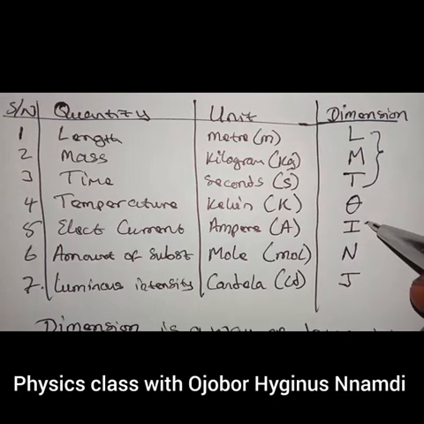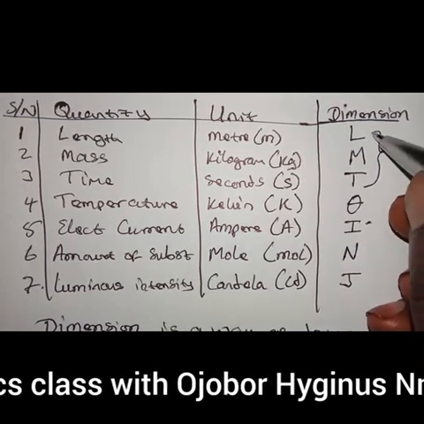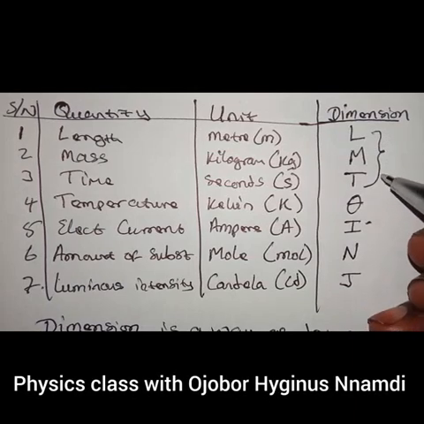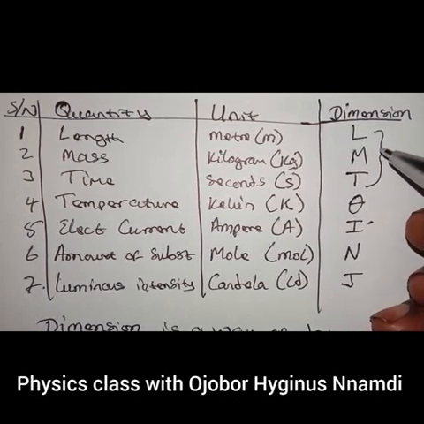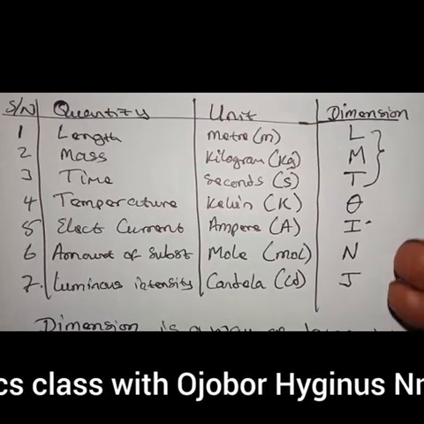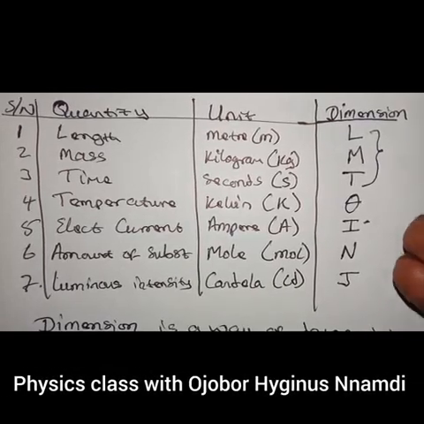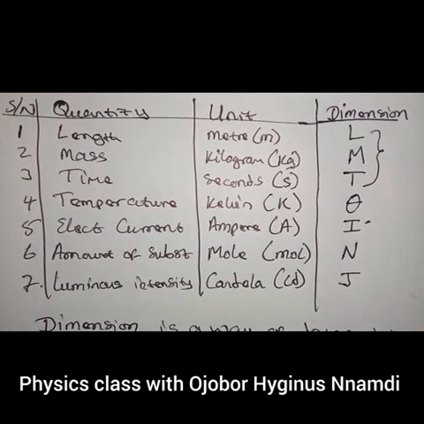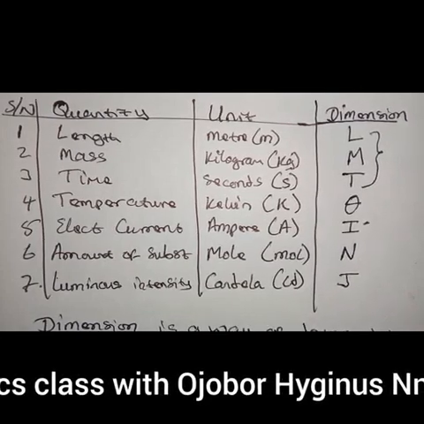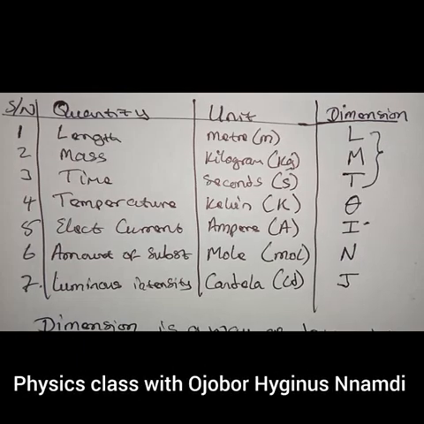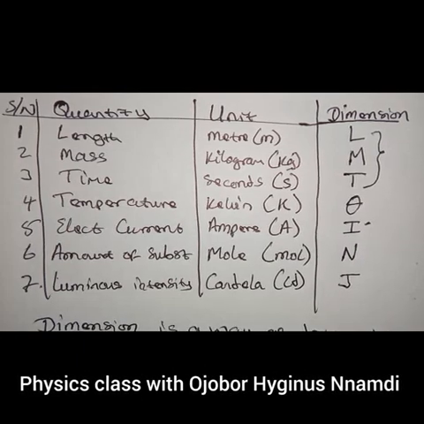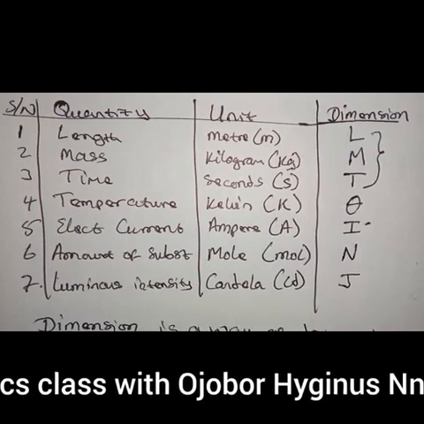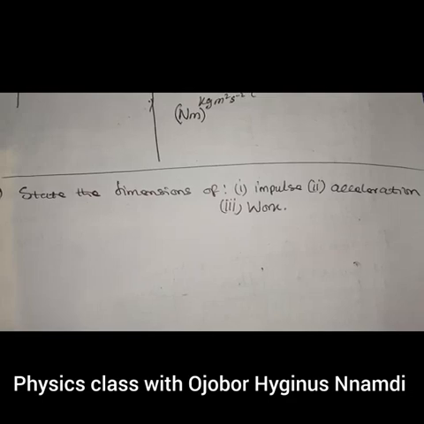Sometimes they will include current, but most times the derived quantities will cover these three. So the dimensions we're going to look at will be limited to these ones. Let us look at some WAEC questions associated with dimension, so that it will help us see how we can get the dimensions of derived quantities.